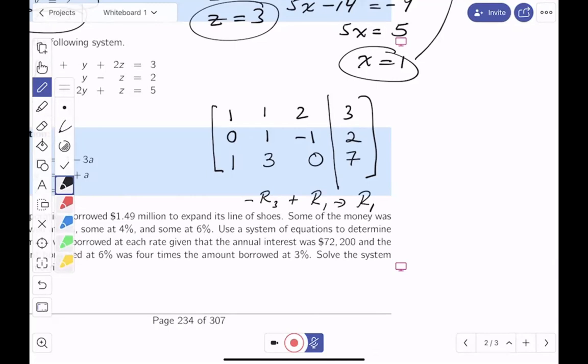So minus row 3 plus row 1, that would be 0. And let's see, minus 3 plus 1 is minus 2. We'll erase it later, okay? You see what I'm doing? So minus 1 plus 1 is 0. Minus 3 plus 1 is minus 2. I get 2. Minus 7 plus 3 is minus 4, right? And I said give it to row 1, didn't I? Put that down.